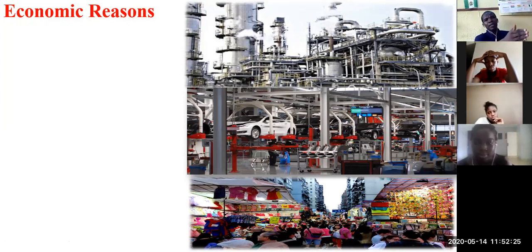Looking at what you are seeing here on the screen, on the top, that is a refinery. In Nigeria, we cannot boast of this. In the middle, you will see a factory that produces vehicles. Do you have such a factory in Nigeria? We don't have it. Then, under that, you will see an open place where different items and goods are purchased.